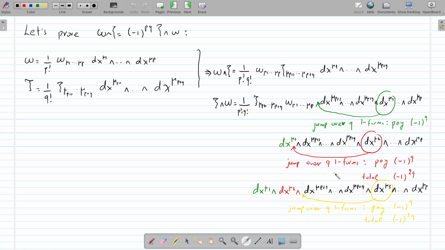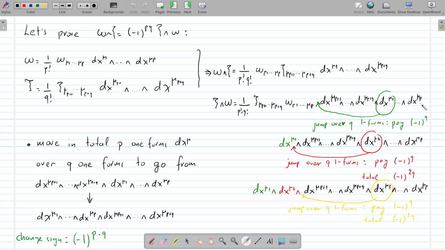And then we go on with the following 1-forms. dx^{mu_3} is moved here. The sign is changed again by (-1)^q. Therefore the total sign change is (-1)^{3q}.